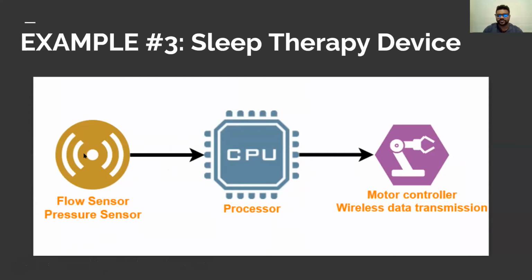From the flow and pressure readings, a huge library does digital signal processing to find breathing patterns and any anomalies in breathing, and to detect any issues related to breathing and sleeping.